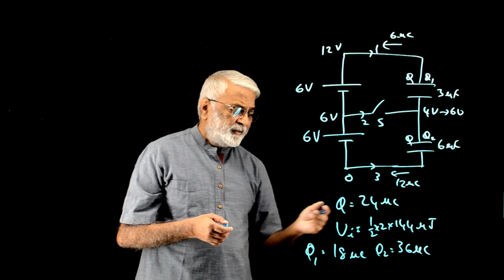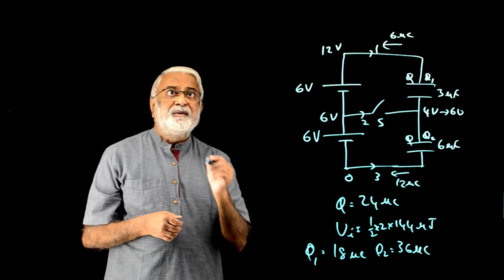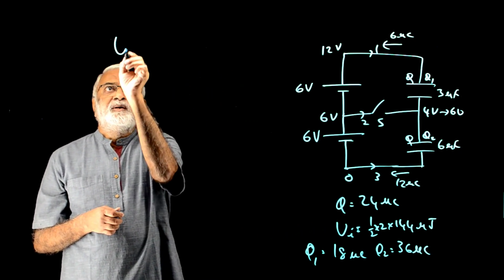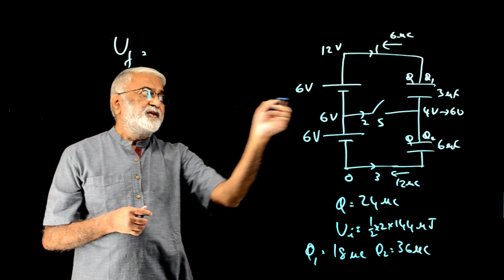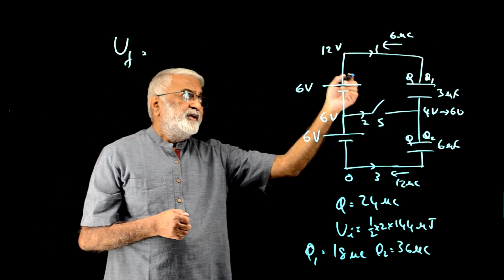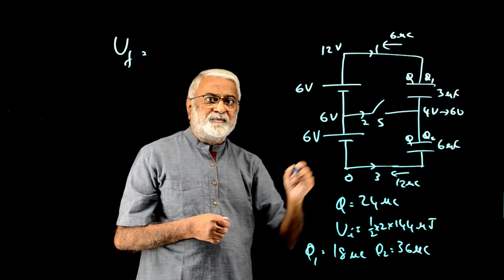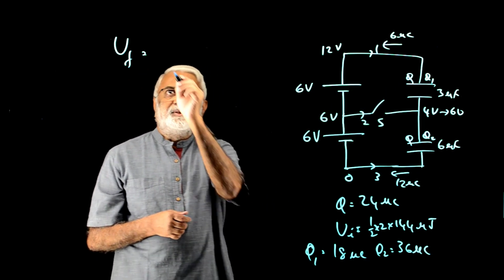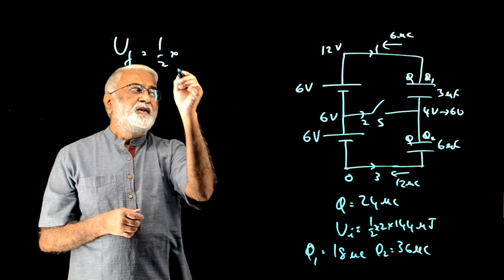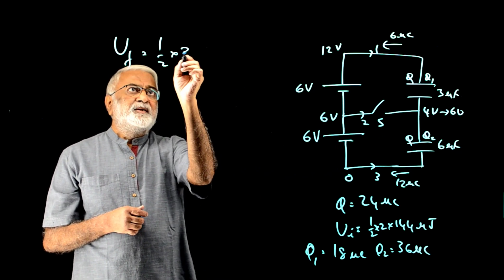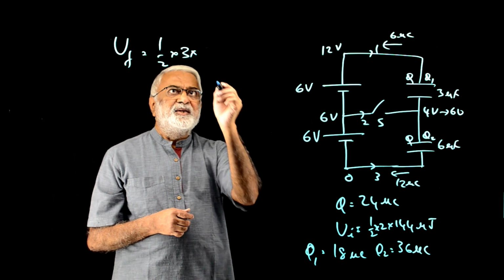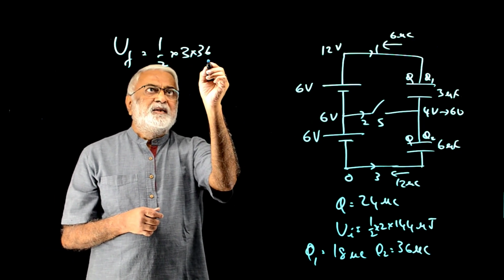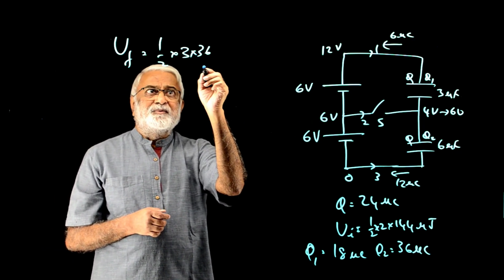And what is the final energy of the system? Energy of the system finally, UF, is half into 3 microfarad into potential difference 6, squared, 36, this many microjoule, of course.